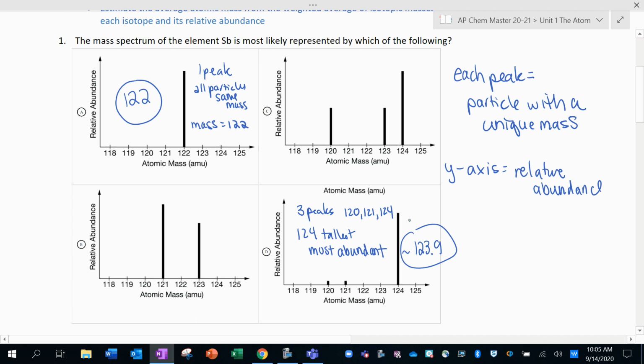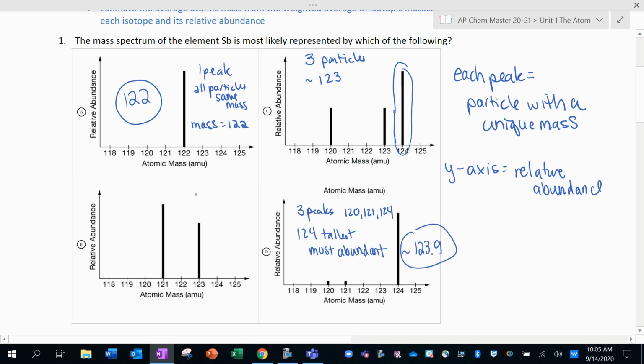And then we can take a look at these other samples. In this one, we have 3 different particles, and it looks like 124 is the most abundant. Just from glancing at this, I'm going to say the average mass is going to be closer to 123-ish, because most are 124, a few are 123, and there are only a few down here that are 120.